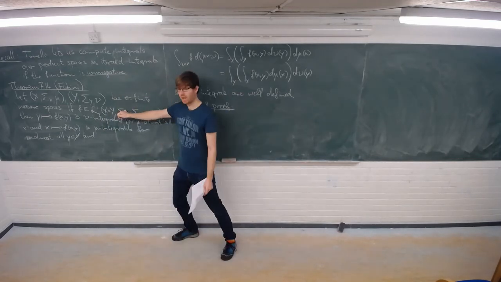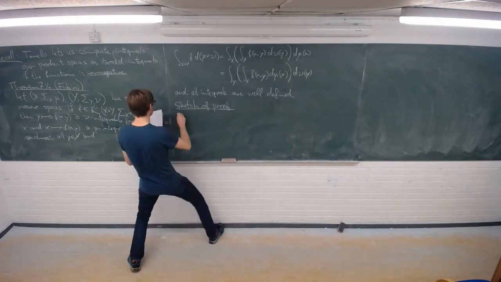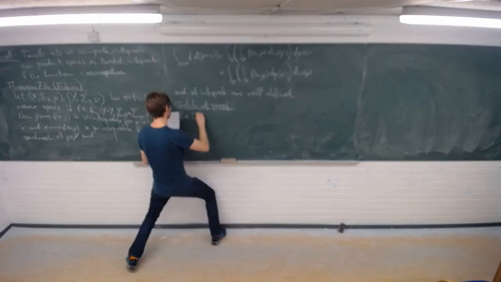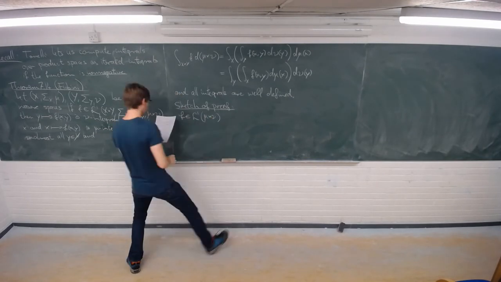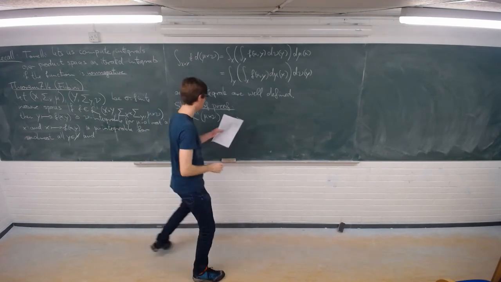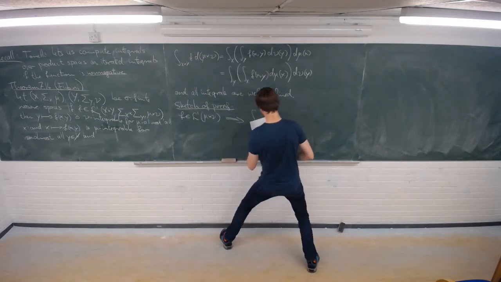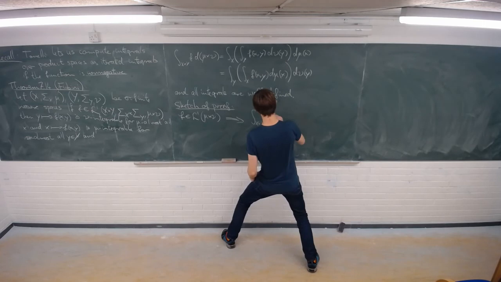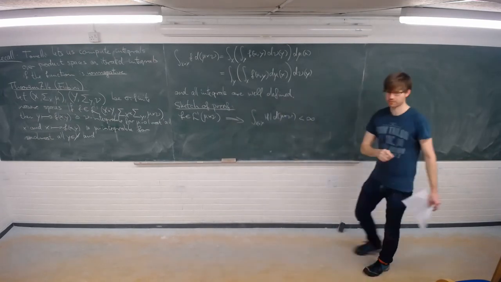Okay, by assumption f is in L1 of this product space. So this implies that the integral over x times y of the absolute value of f, d mu times nu, is finite, right?